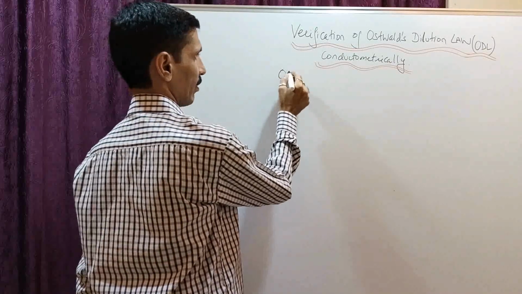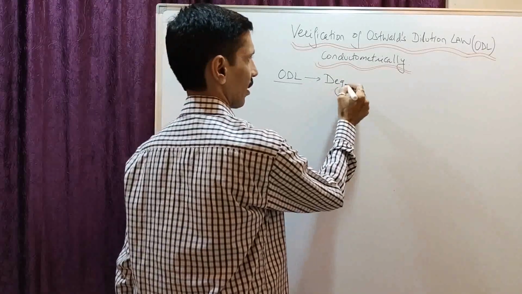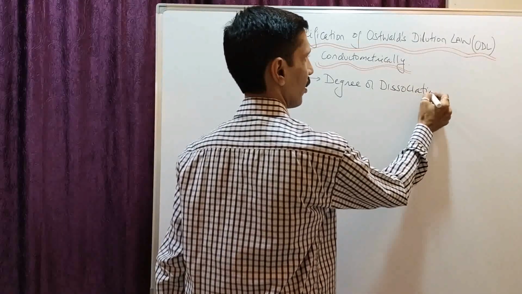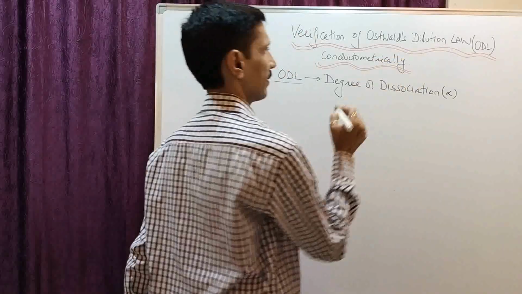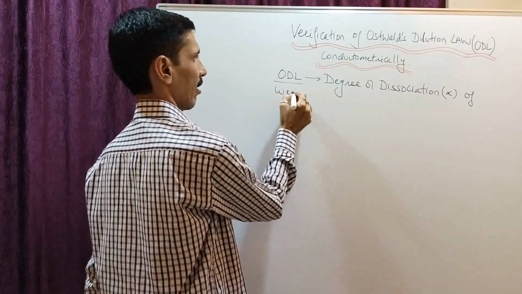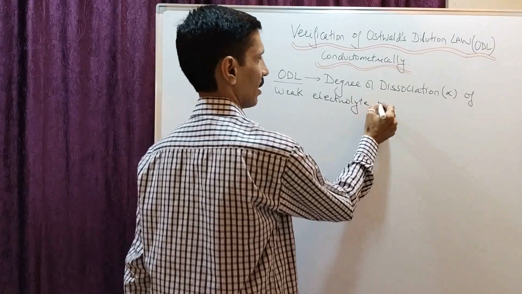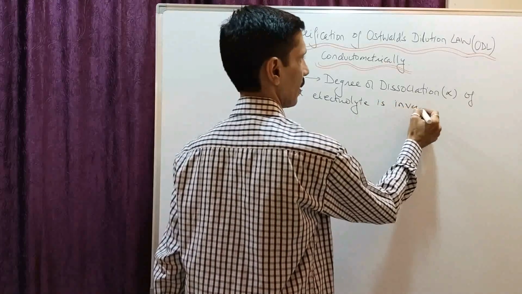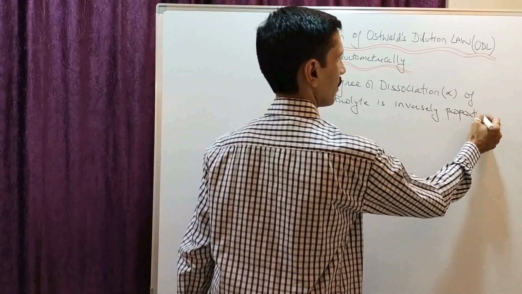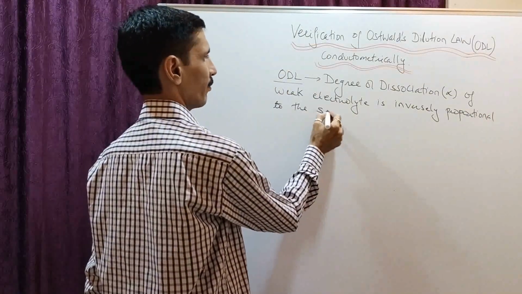ODL, as we call it in short, states that the degree of dissociation, which we represent as alpha, of a weak electrolyte is inversely proportional to the square root of concentration.